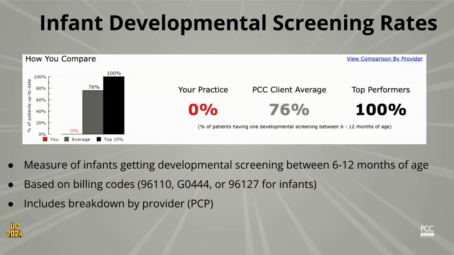I think typically people do the 96110. Did they have it billed between the ages of 6 and 12 months for each patient? Typically people do it at the 9-month visit, as an Ages and Stages Questionnaire or something like that. That should get picked up for this measure. There is a PCP breakdown for that as well.